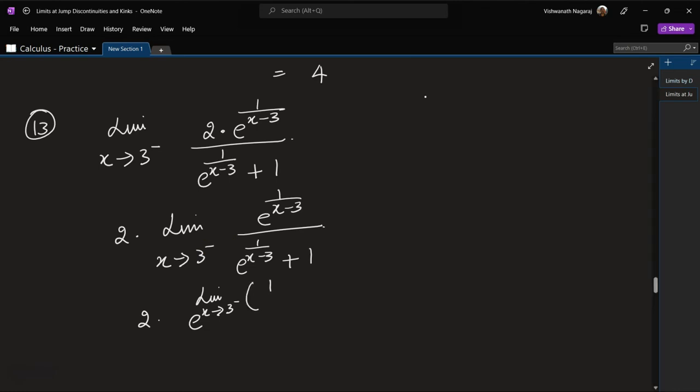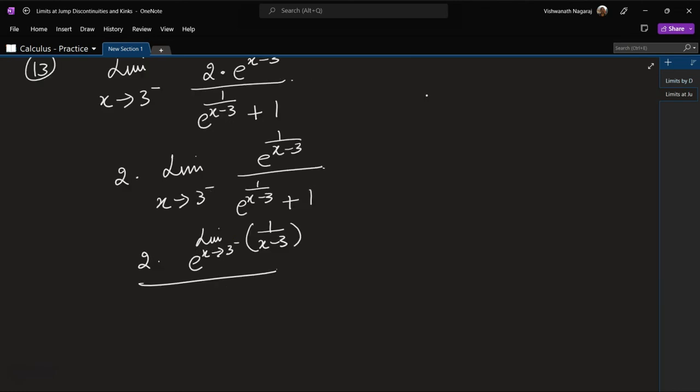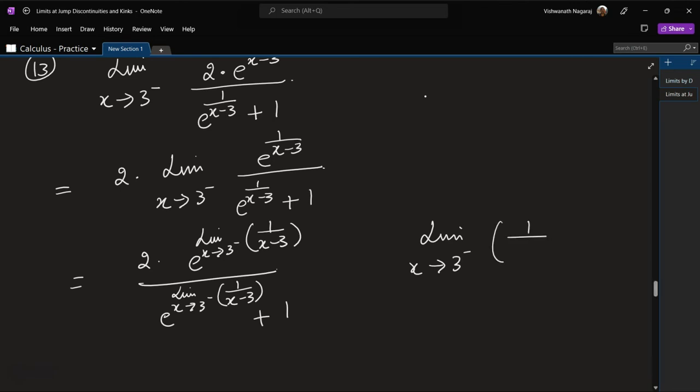Of 1 by x minus 3 divided by e to the power of limit as x approaches 3 from the negative side of 1 by x minus 3 plus 1, right? So we need to focus on this limit as x approaches 3 from the negative side of 1 by x minus 3.